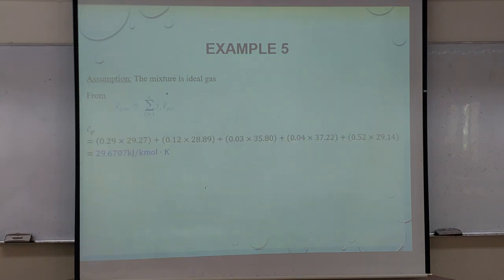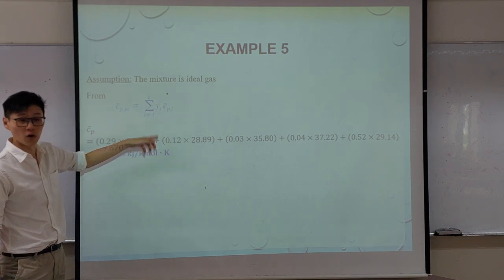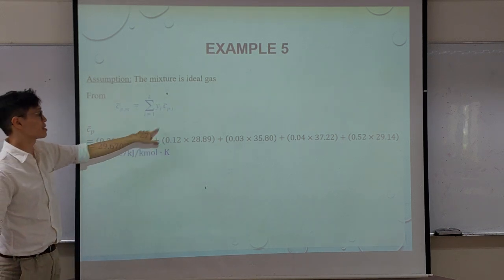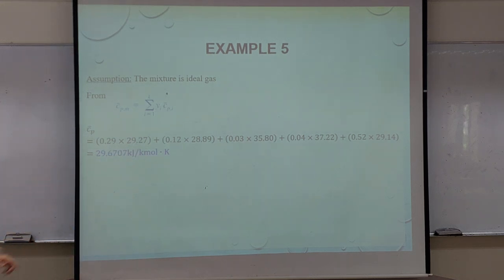Based on this equation, you are just using the respective mole fraction or the volume fraction multiplied by their respective CP bar. Then that should be the final answer. You don't really have to copy the whole thing. Just type that, you know what to do, then get the final answer.